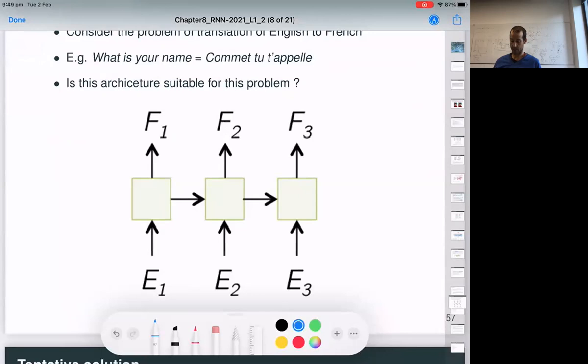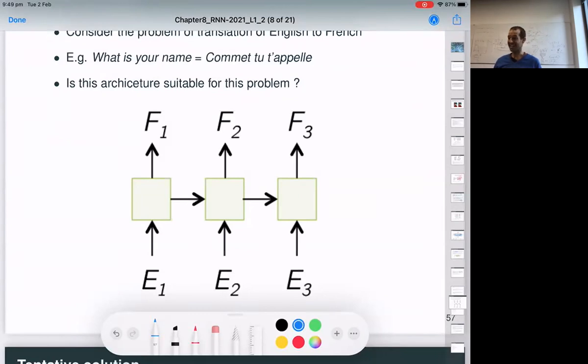No. Why? There are more English words. Yes, this is a good first point, because the sentences may be different lengths. Yes, many to many. So this is also the second point.